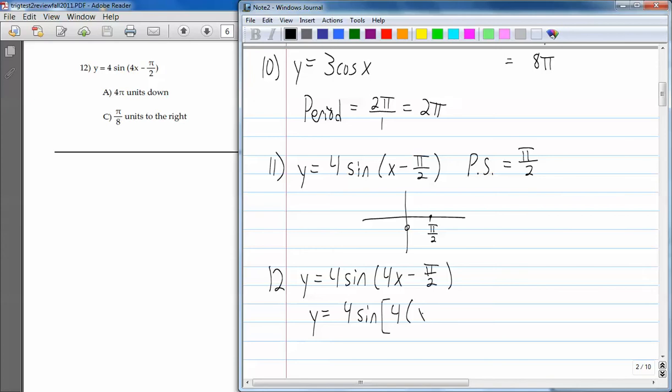That's going to leave me with x minus, now you may be saying, well, this last term doesn't have a 4. How can I factor a 4 out? The way that you factor the 4 out is by dividing this last term by 4. So you have pi over 2 divided by 4. Flip and multiply. So you have pi over 2 times 1/4. That gives you pi over 8.